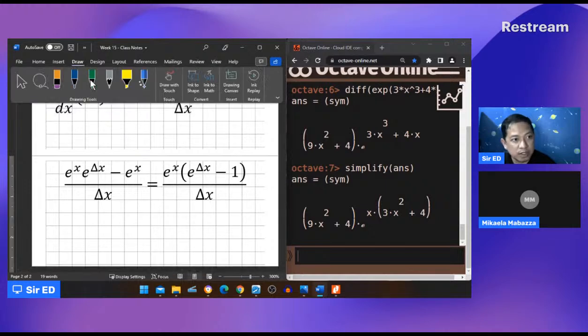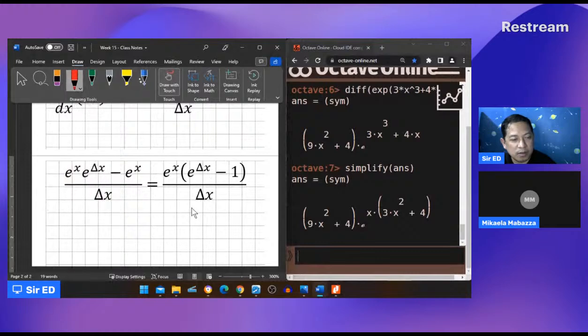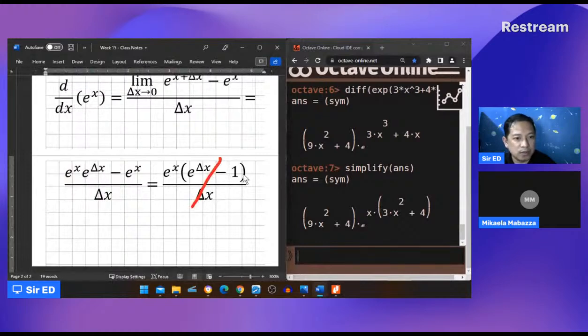Okay, so obviously this would be equal to 1. This will be proven separately. Yun yung makikita natin, equal kay 1.